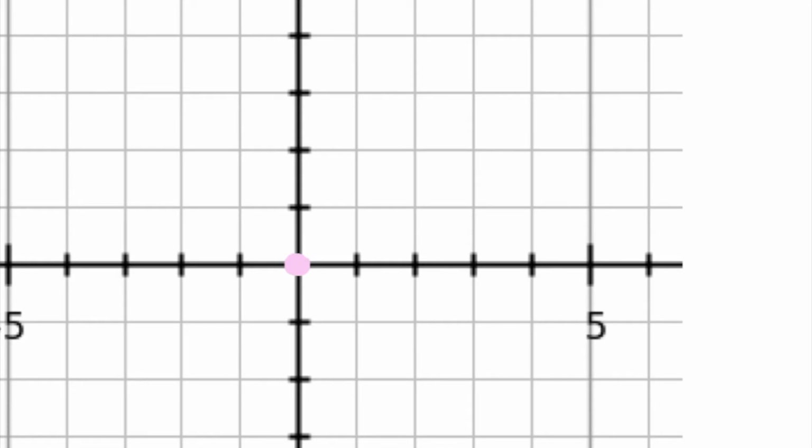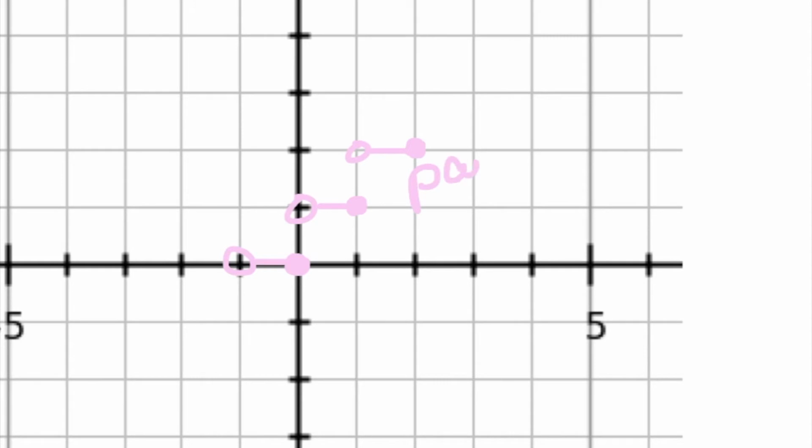The parent function of the ceiling function has the closed circles at the origin, but this time they go to the left to get to the open circle, and they would also go like this. So this is the parent of the ceiling function that I'm doing in pink here.